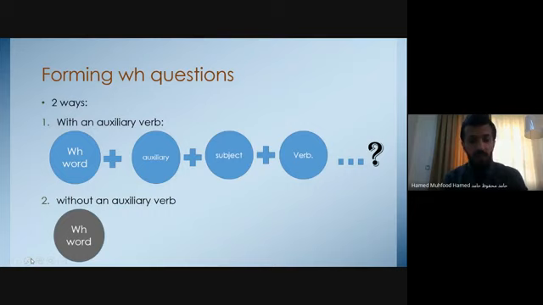We start with the WH word, of course, and then we have the main verb of the sentence directly. And of course, the complement. And of course, we should never forget about the question mark. So these are the two ways of forming WH questions, right?